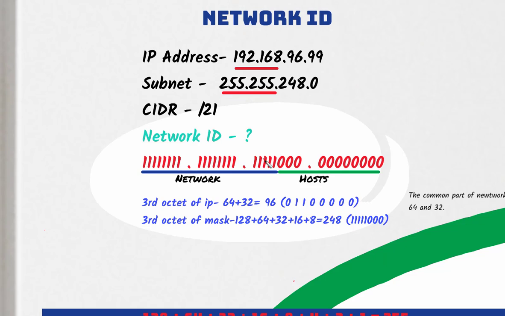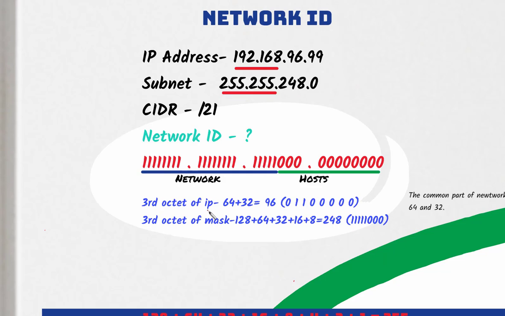Okay, so the first and second octet is full with 8 bits. The only thing changing is the third octet, so we'll consider the third octet to calculate the network ID.